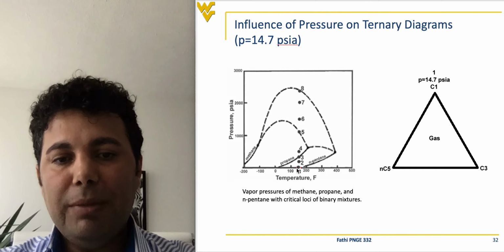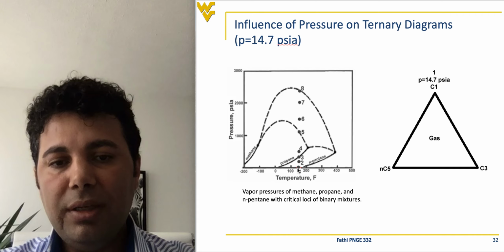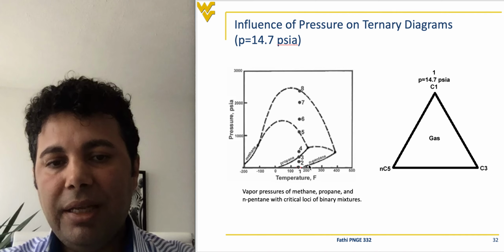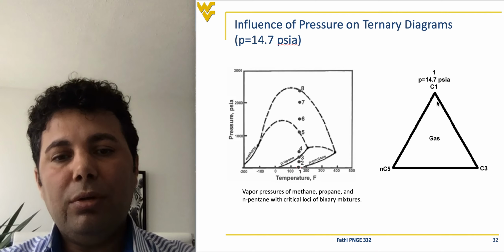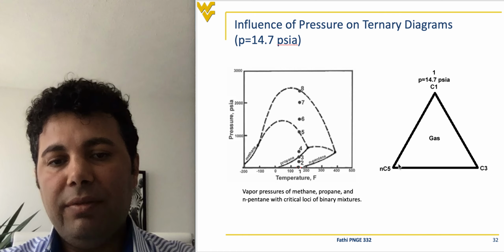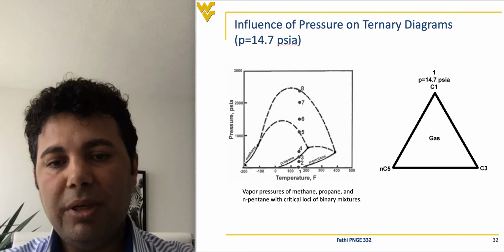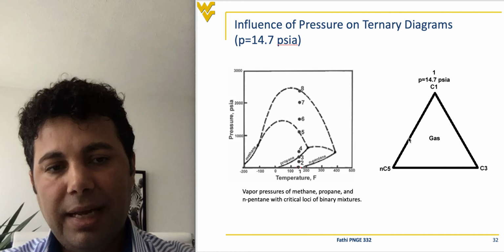So if I'm at point 1, the point 1 is literally located at the N-pentane dew point. So I'm going to look at the C1 and C5 first, okay? So this is my C1 methane, and this is my C5 N-pentane. So point 1, I'm in this lateral. I'm looking at this lateral, C1 and C5.